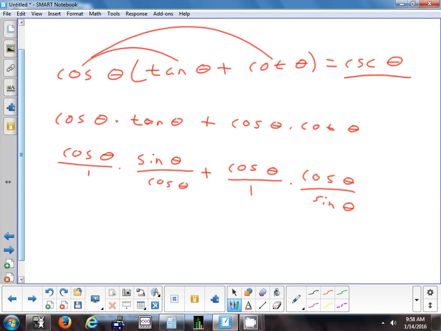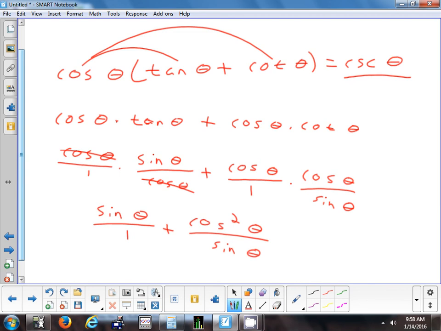So on the left, what we can do, before we even multiply, why don't we cancel out those cosines? Since we have one in the top, one in the bottom. So I have sine over 1 plus cosine squared over sine. All right, now everything is written in terms of sine and cosine.